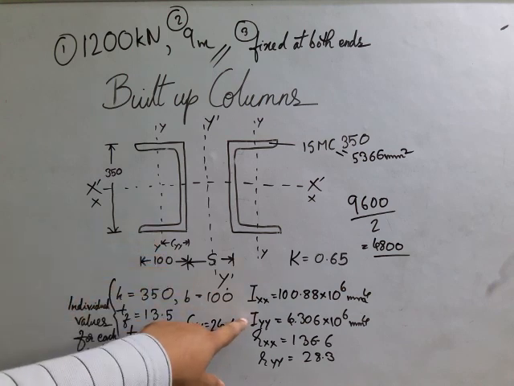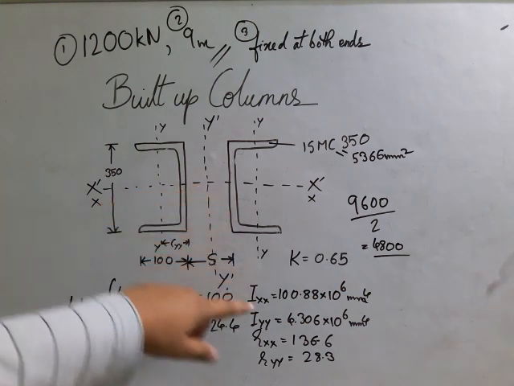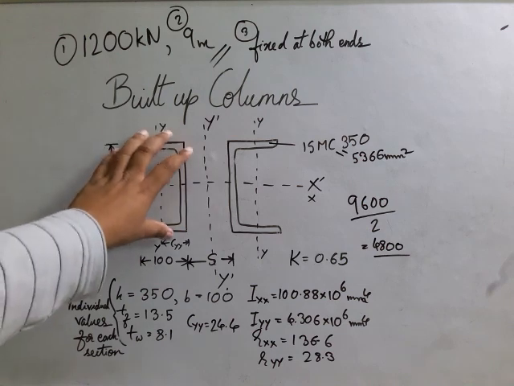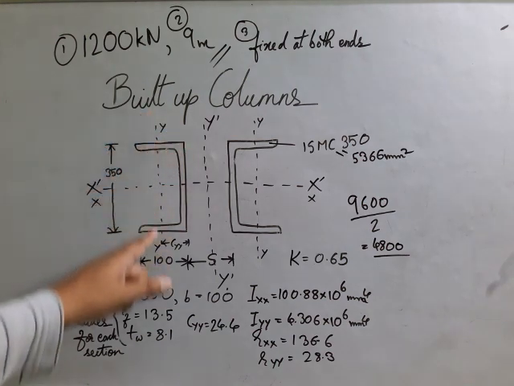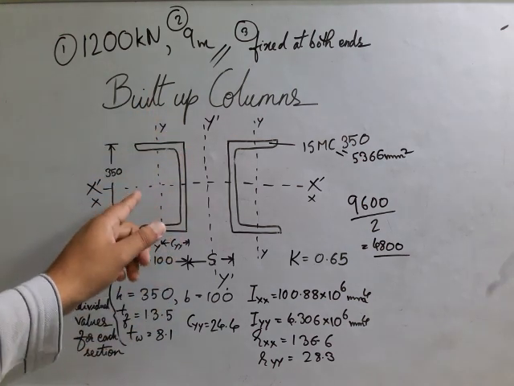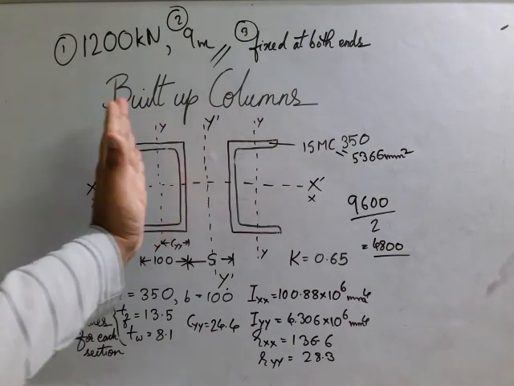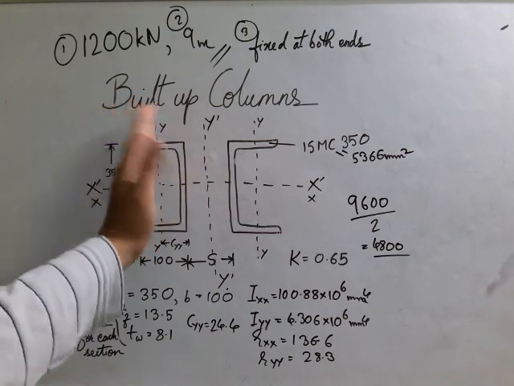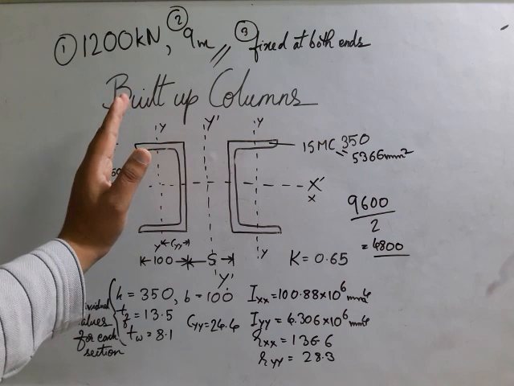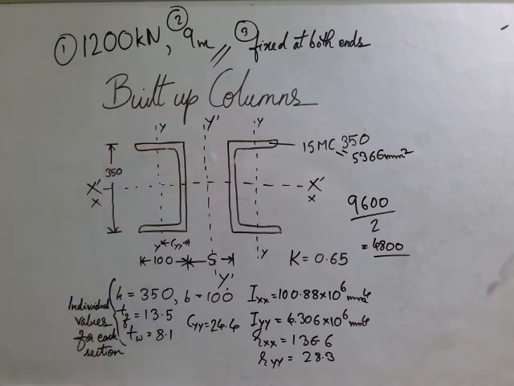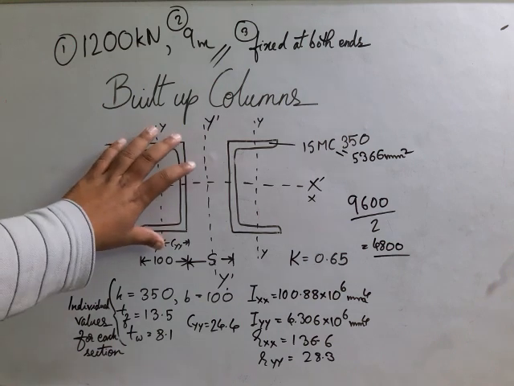If the moment of inertia about the y-axis, Iyy, is lesser than the moment of inertia about the x-axis, that means this section is weaker about y. When you give a load on this section, it will try to rotate like that. Once again I am repeating, concentrate on this section.